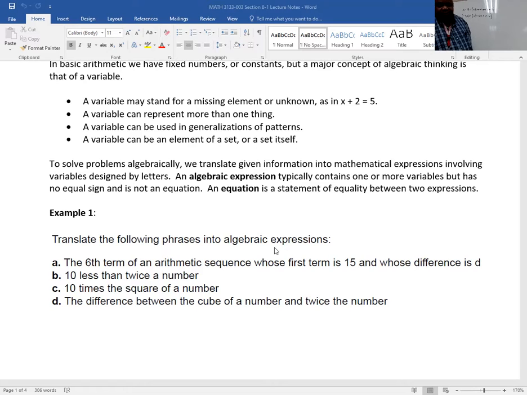All right, so in this first example, let's say I want to translate the following phrases into algebraic expressions.